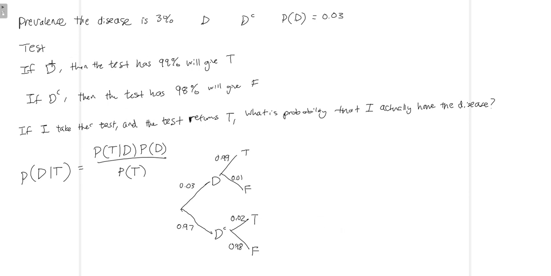So as a note, if the person has the disease and the test will return positive, is 99%. This is also the same thing as saying sensitivity is 99%, and this one is specificity, it's 98% specific.